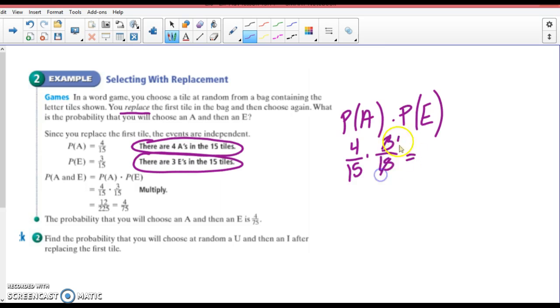You end up with 4 out of 75. Again, this is theoretical and independent, because when you put that tile back, the first pick does not affect the second pick. So this is independent.